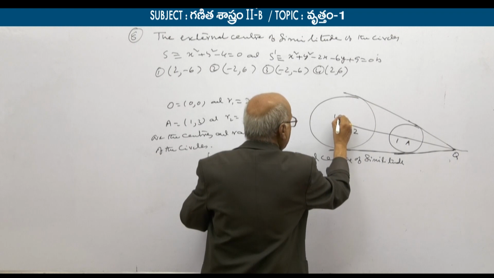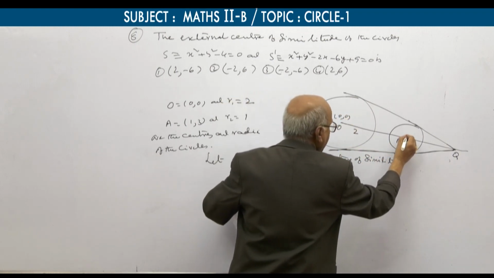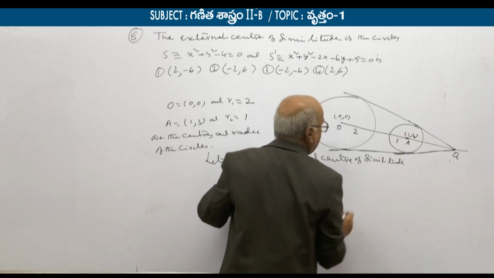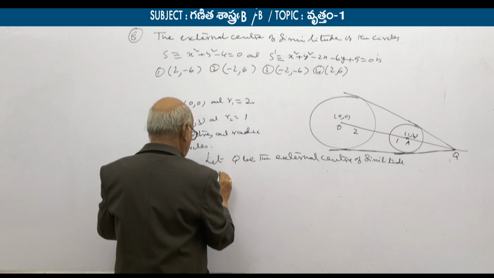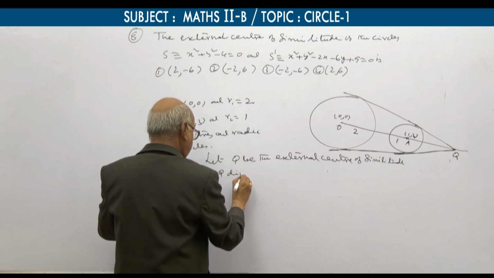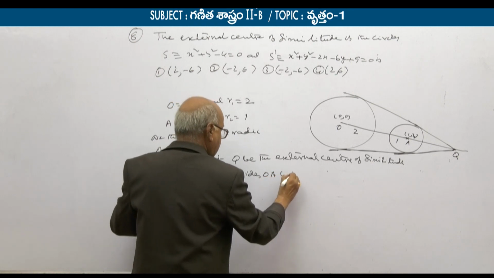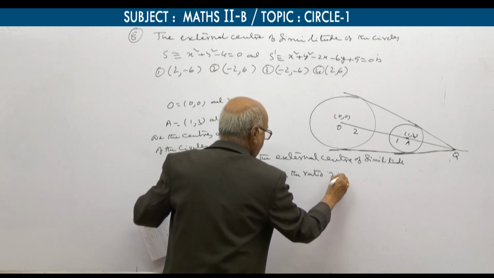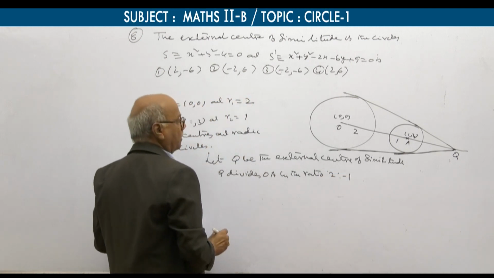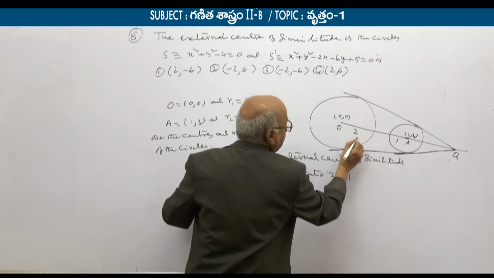So this is 0, 0, and this is 1, 3. So Q divides OA in the ratio 2:-1.